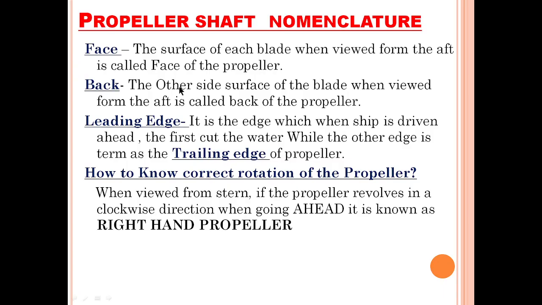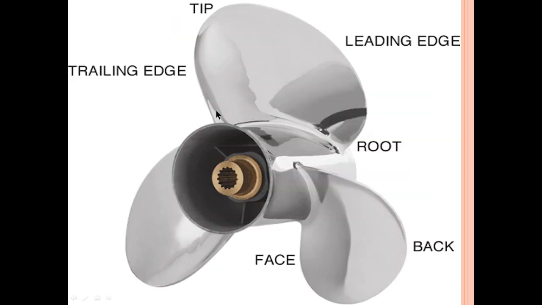The other side surface of a blade when viewed from the aft is called the back of the propeller. It's very simple. If we stand here, the first thing we can see is this part, which we call the face of the propeller, and the other part we call the back of the propeller.